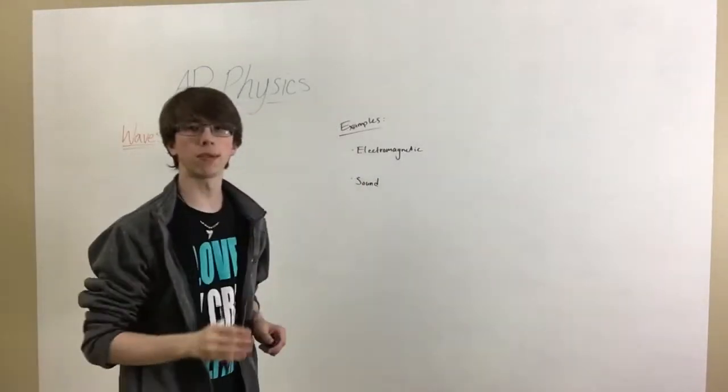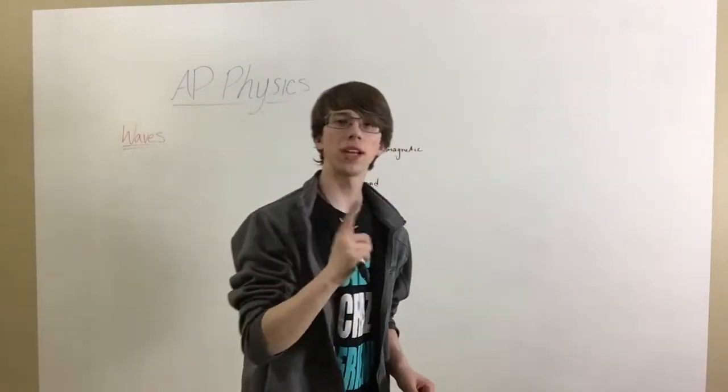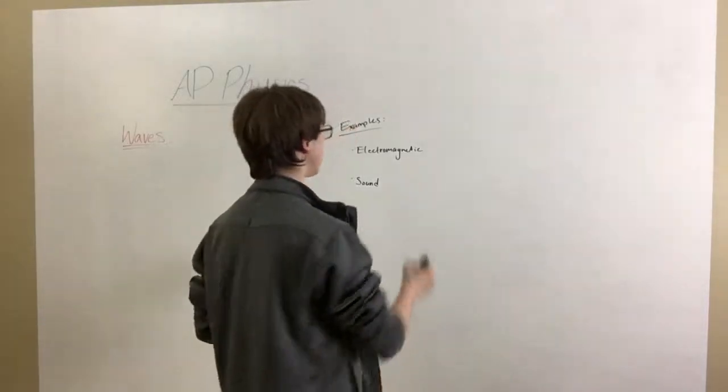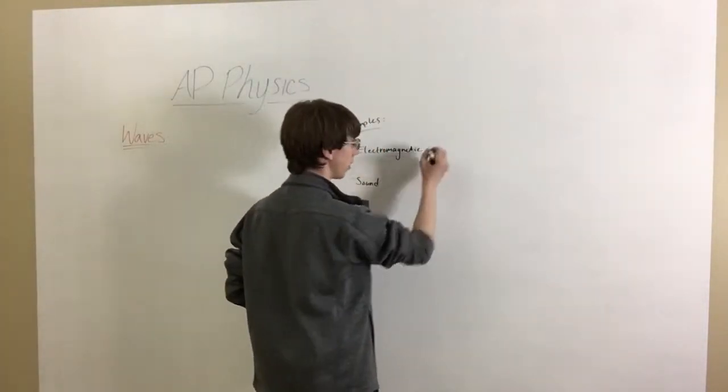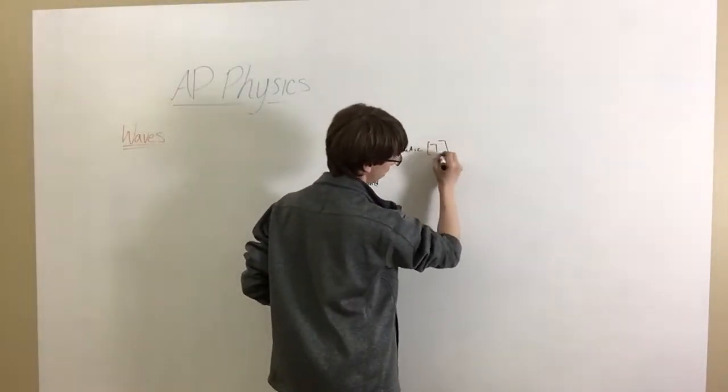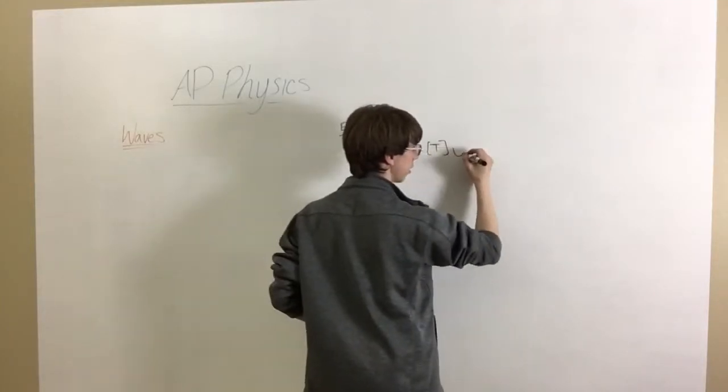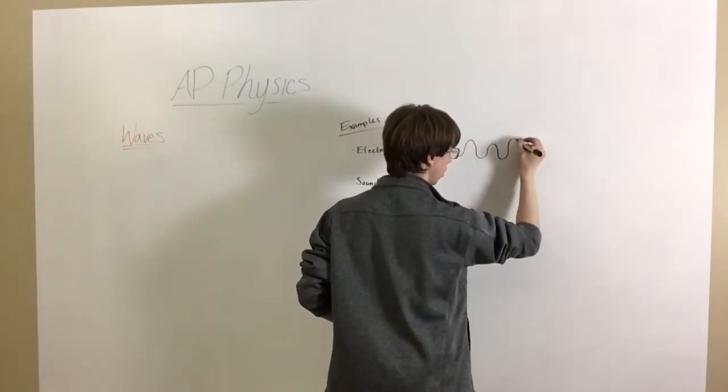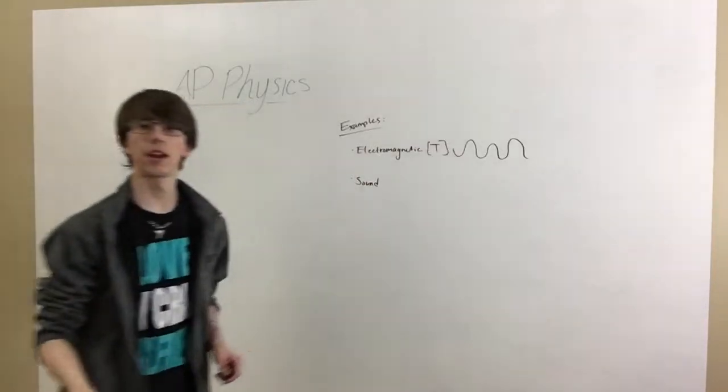Now, there are two different types of waves. You can either have a transverse wave, which is like an electromagnetic wave, so label this T, and it looks something like this. Alright?